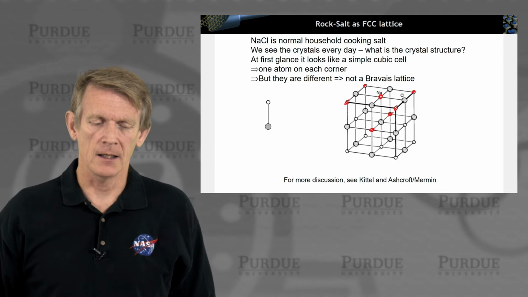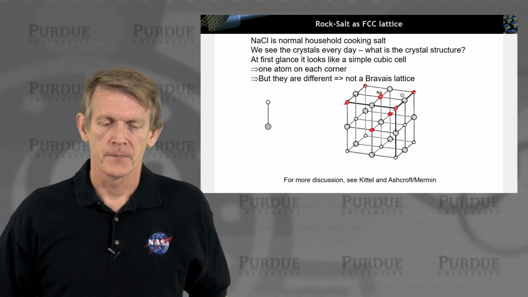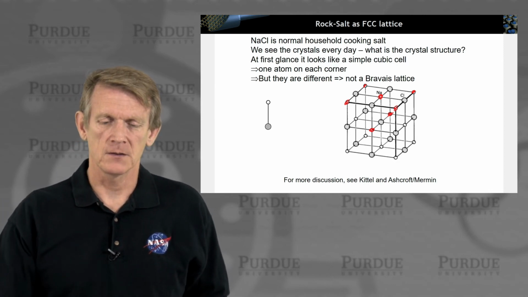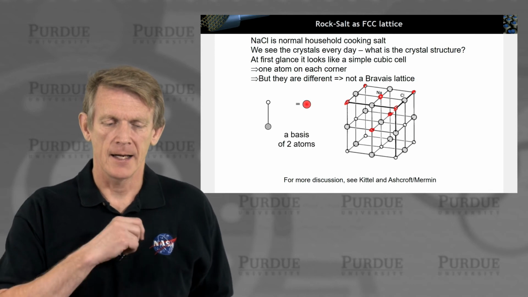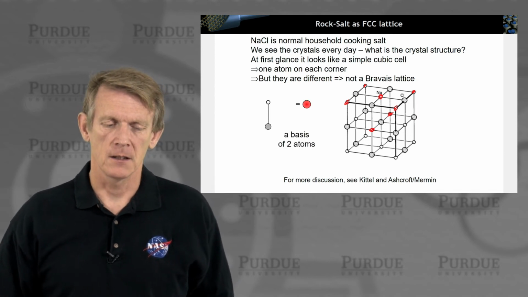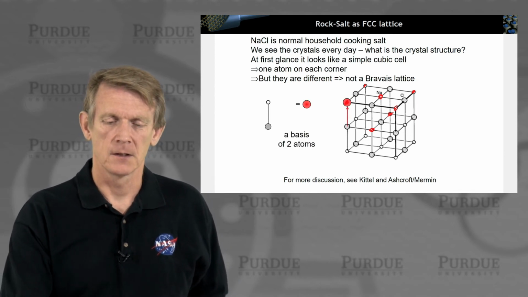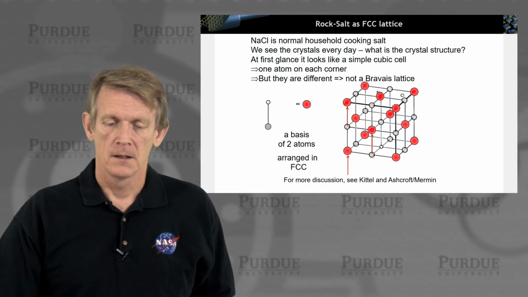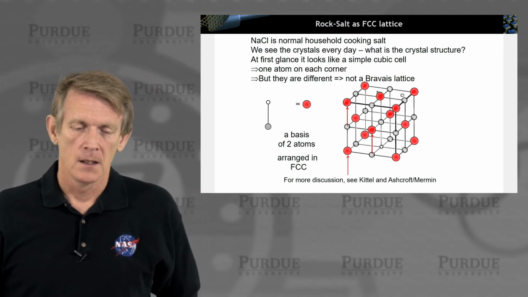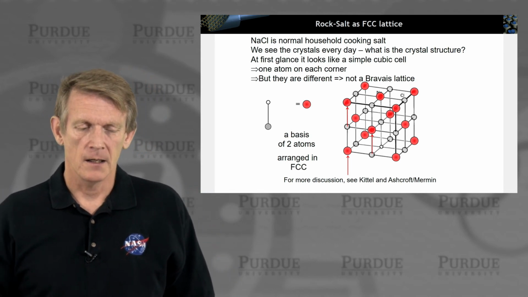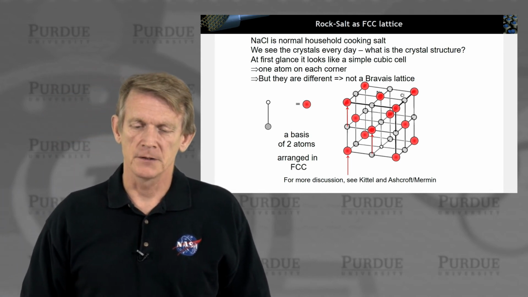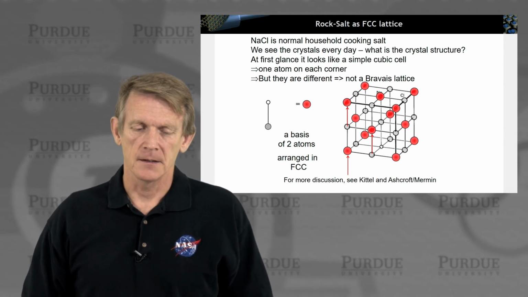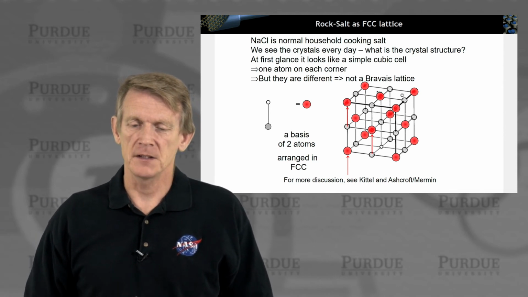Okay, but you can establish a basis set that consists of a sodium and a chloride atom, a basis of 2 atoms, and you fill that, and now you have an arrangement here in red that is an FCC lattice.